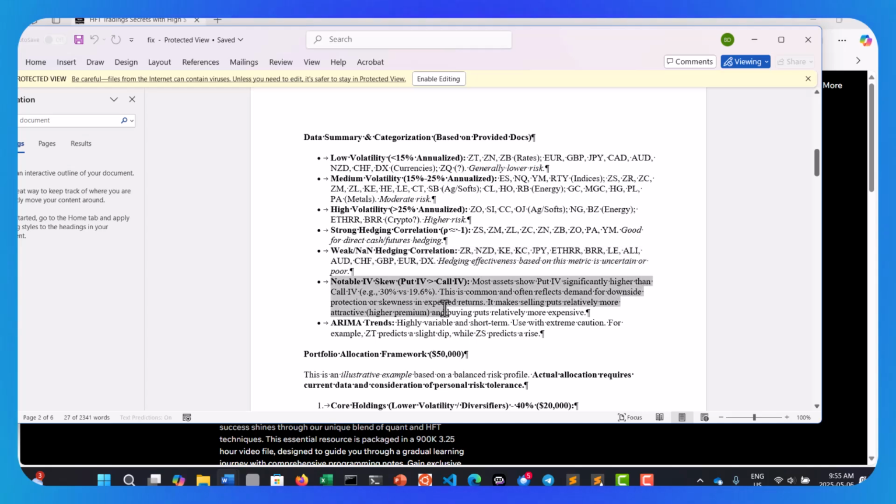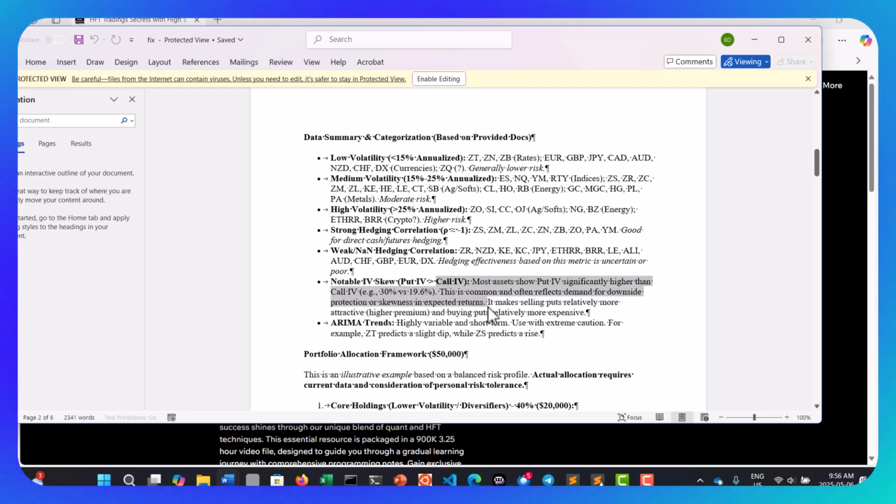And then we get into notable implied volatility, meaning there's some assets listed here which are higher than the call implied volatility, common and often reflects demand for downside protection or skewness in expected returns. So that's what we're trying to do here.